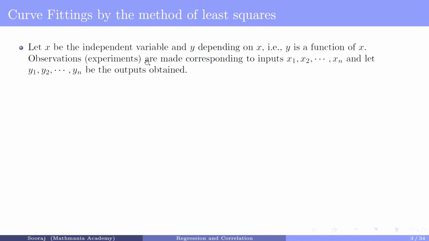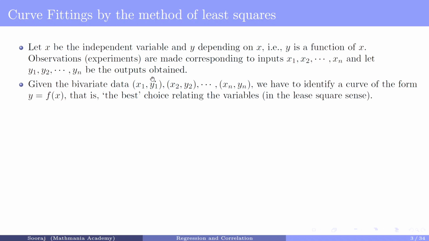They are made and the values are x1 through xn and the corresponding values are y1 through yn. Now that we have n different bivariate data, we wish to find a curve of this form, and that curve should be the best choice relating the variables x and y.